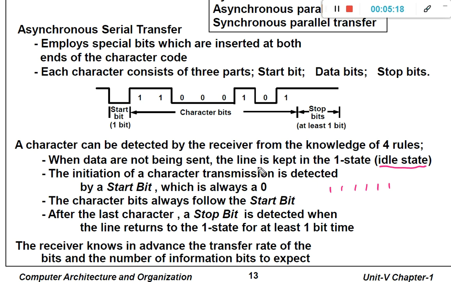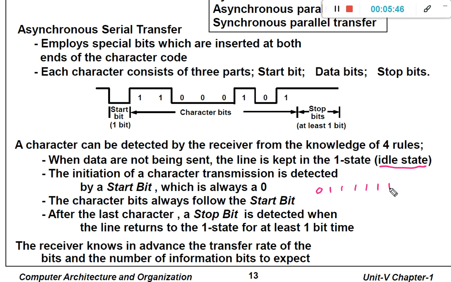Step number 2: the initiation of a character transmission is detected by a start bit, which is always a 0. So ones are being transmitted, and after some time a 0 is transmitted. Then the receiver recognizes that some data is being sent by the sender, in general a character.